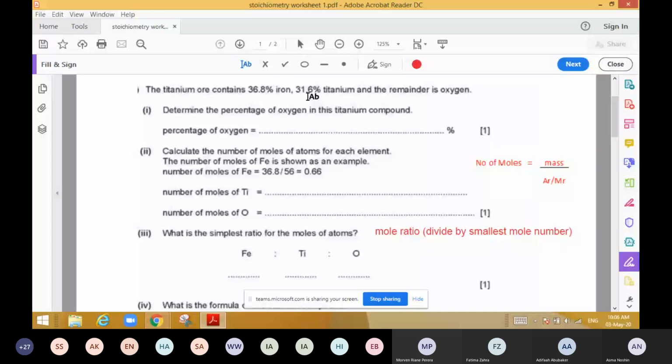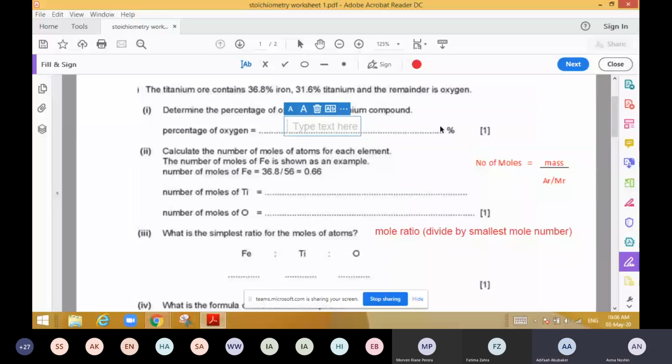Now, with this, we have one more element present in the compound, that is oxygen. For iron, the percentage is given. For titanium, the percentage is given. How will you calculate the percentage of oxygen? Who will tell me?